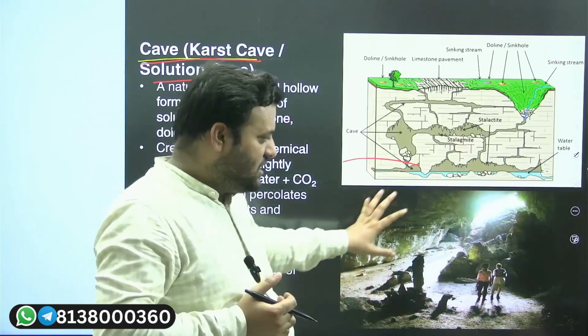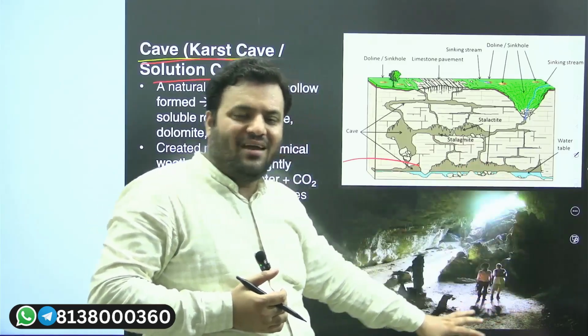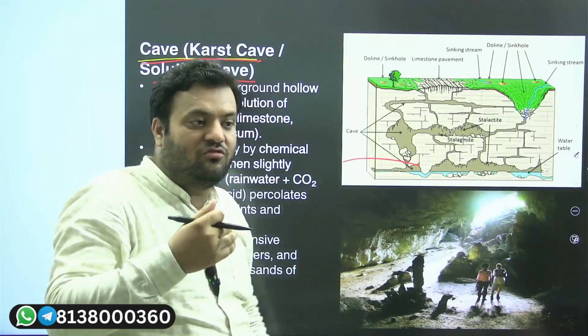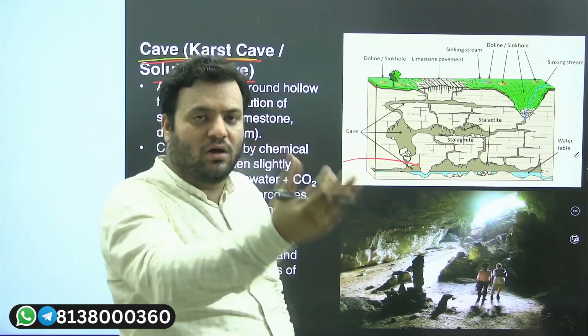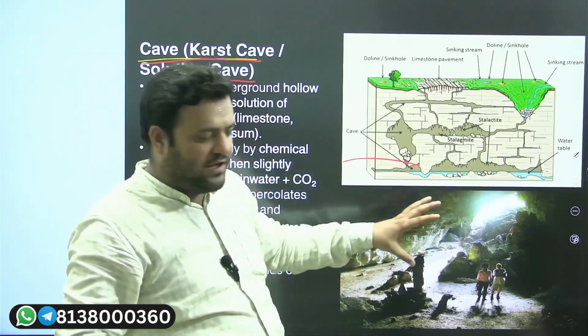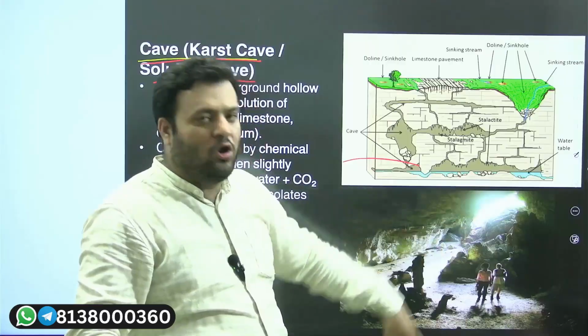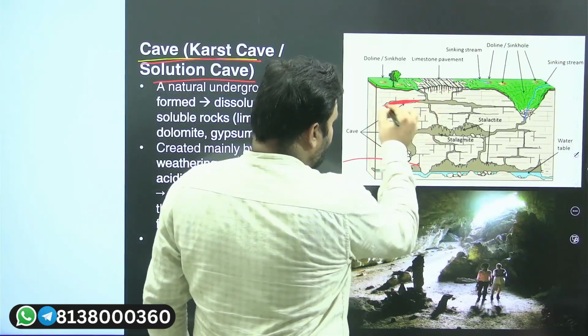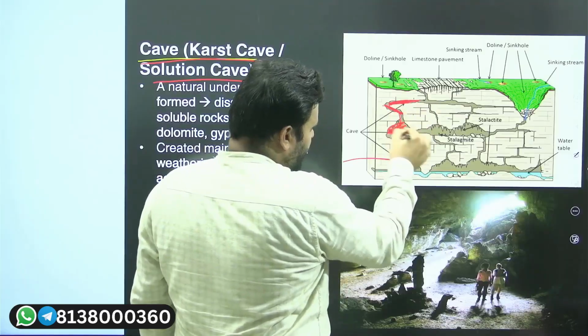Do not confuse between cave and karst window. The karst window is something through which you can peep out, you can look out. Here the cave is somewhat different with respect to the karst. They are actually the hollows which are there in the particular limestone.